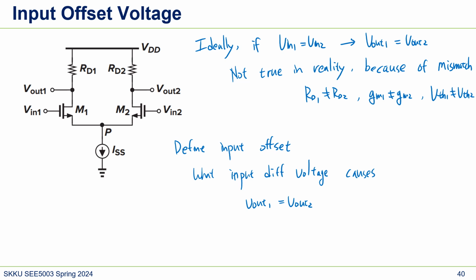Ideally, if V in 1 and V in 2 are the same, then Vout1 and Vout2 are the same.